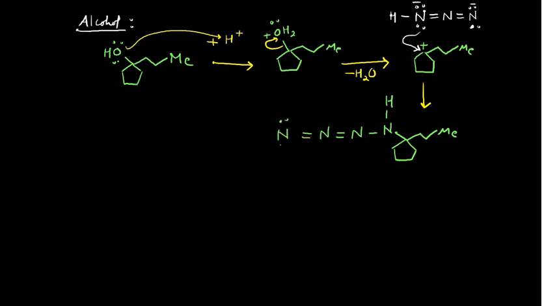This would be negatively charged, and I forgot to put a positive charge on this particular nitrogen, so I am putting positive here. If you count, I have written 4 nitrogen, very sorry. Right, this is now fine. This could be double and this is positive.